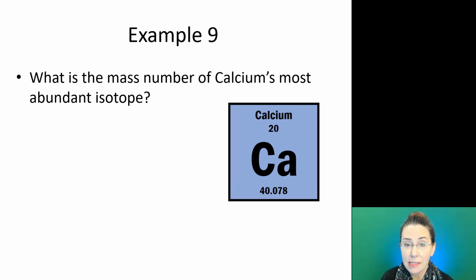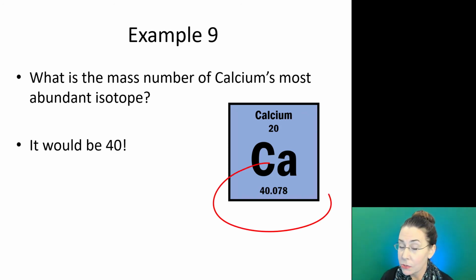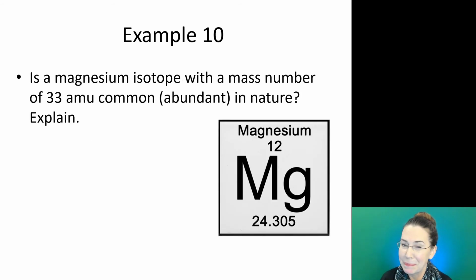Well, in this case, the answer would be 40. It would be 40 because 40 is closer to 40.078 than 41 or 39. So 40 would be our most abundant isotopic form, calcium-40.